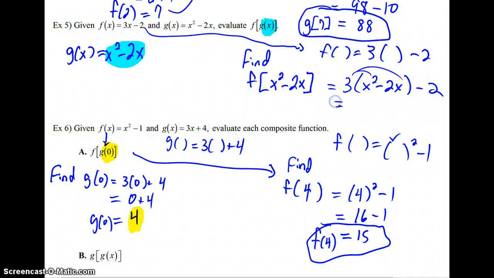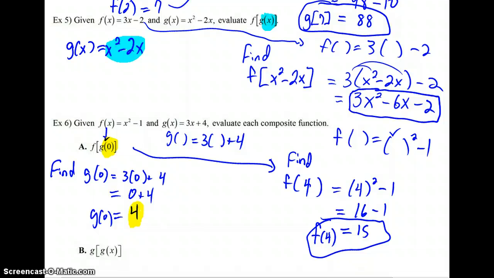Distribute a 3 real quickly. You'll have 3x squared minus 6x minus 2. That's your final answer. There's nothing left to combine. So in a way, it's less work because you don't have to find the g of a number. G of x is just that expression, and you plug that expression into f.